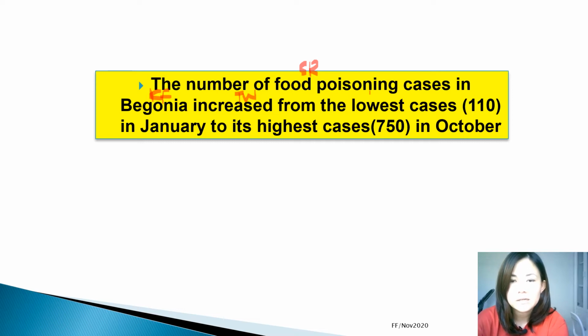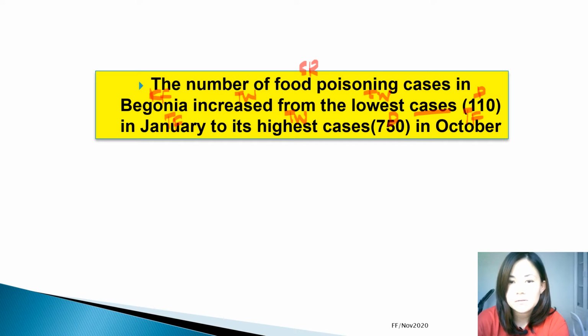The lowest, trend word. 110 in January is the time frame, to its highest, that's the trend word here. And the data 750 in October, time frame. So everything is present. The subject reference is correct.